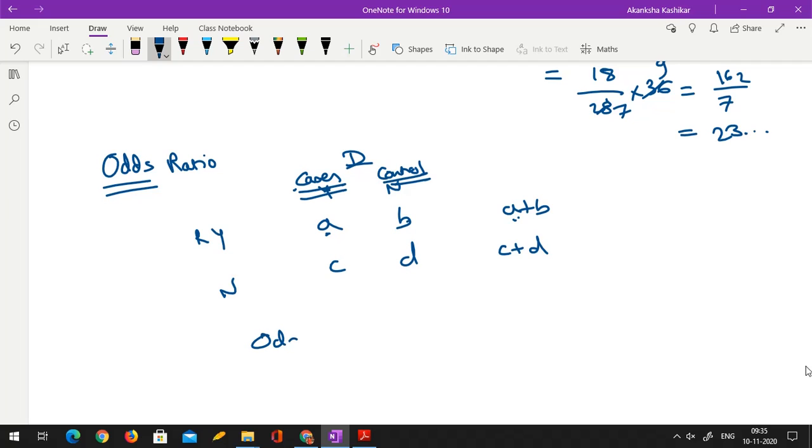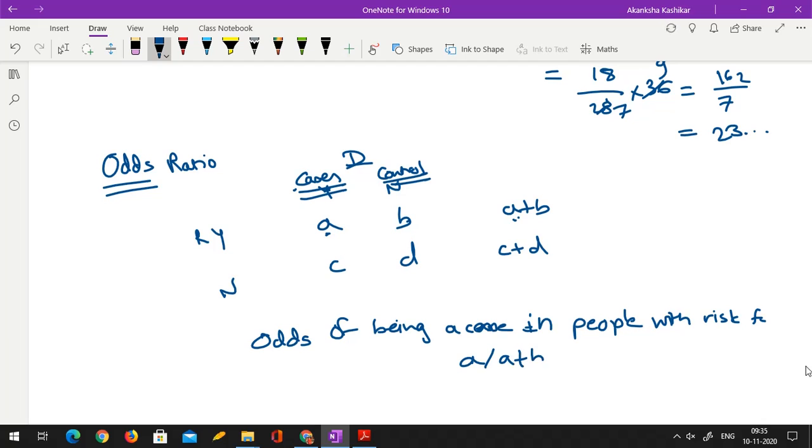So odds of being a case in people with risk factor are A upon A plus B divided by B upon A plus B, right? Because odds are always probability of success to probability of failure. So probability of success here is probability of being a case.